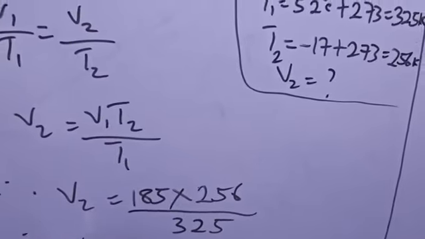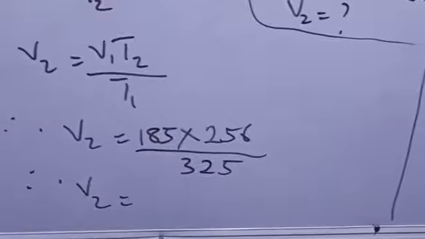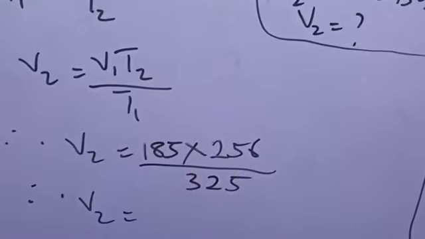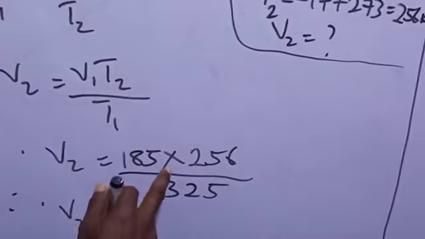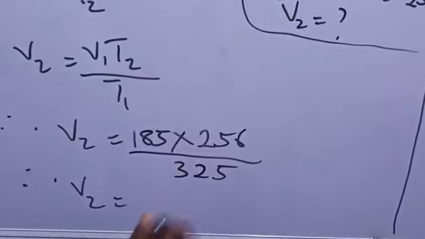Therefore, like I always advise, you get your calculator and input the values just the way it is arranged, which is 185 multiplied by 256 divided by 325.